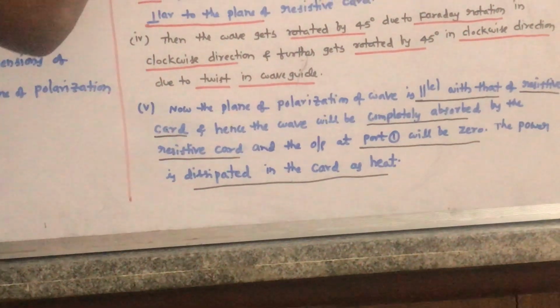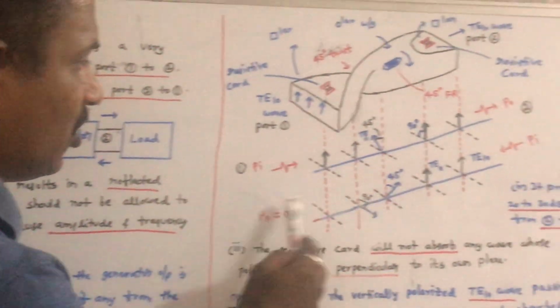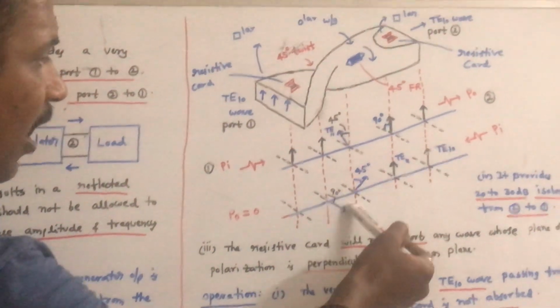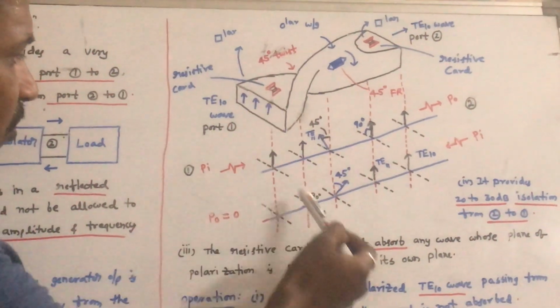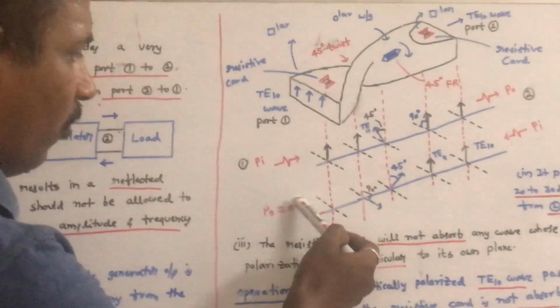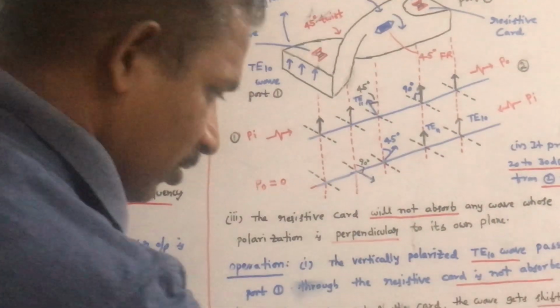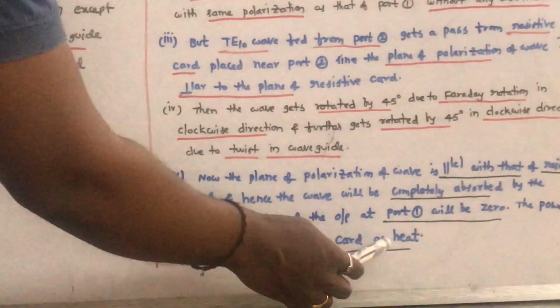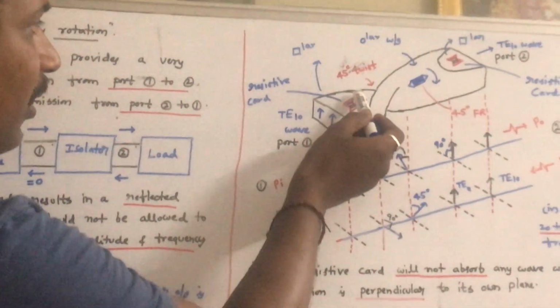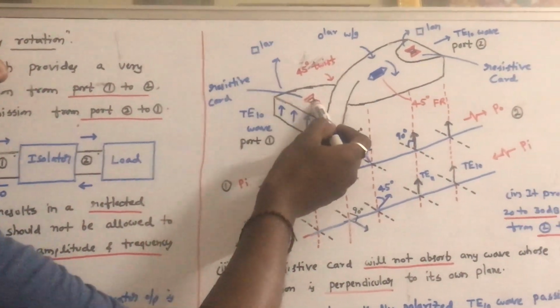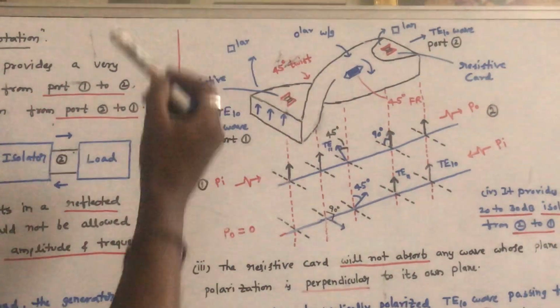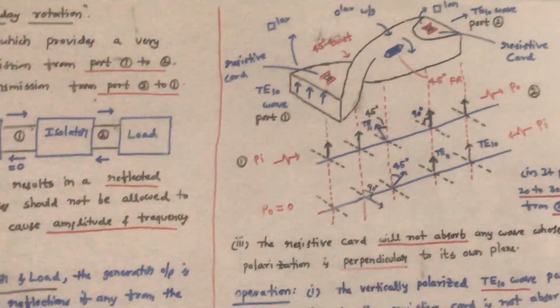So that is what we have shown here. The output at port 1 is 0 because this component is completely absorbed by the resistive card. So the power is dissipated in the card as heat. So this is the operation of this isolator.